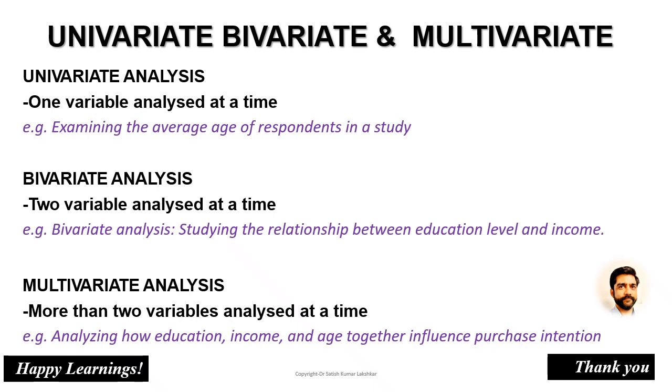For example, analyzing how education, income, and age together influence purchase intention. In this case, there are more than two variables. So, when we talk about a single variable, that is univariate. When we talk about two variables, that is bivariate. And when we talk about more than two variables, then it is a multivariate study.